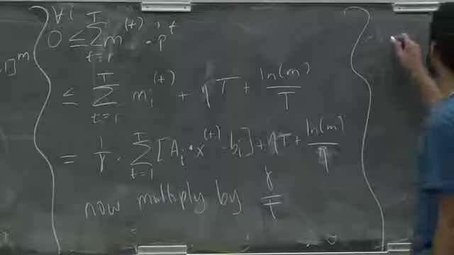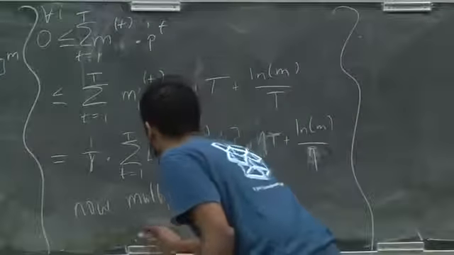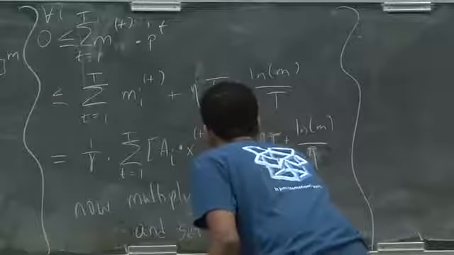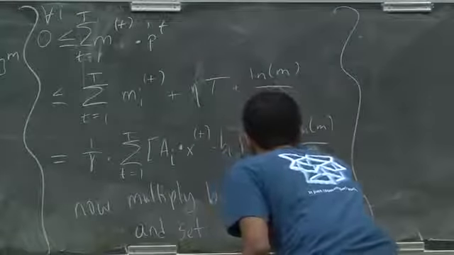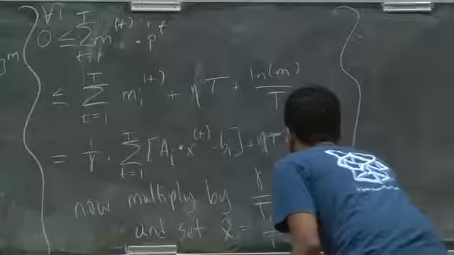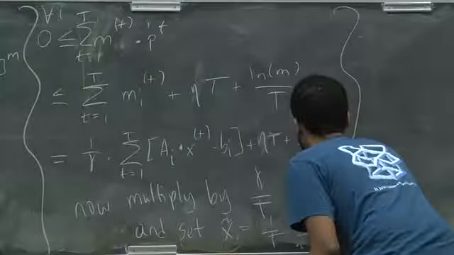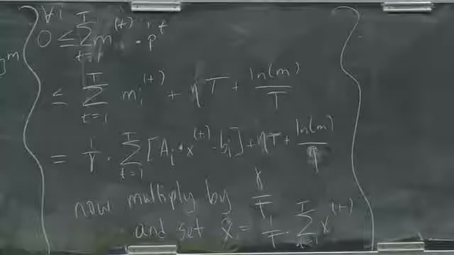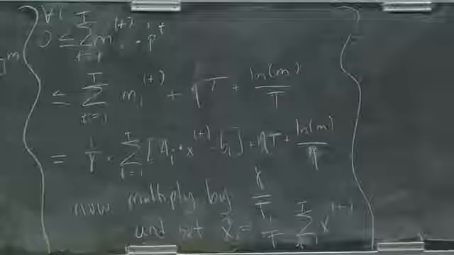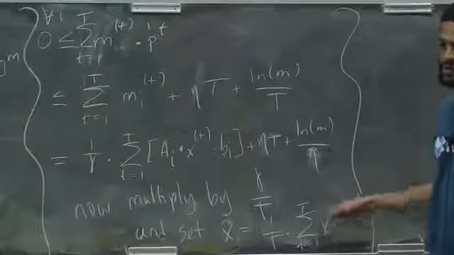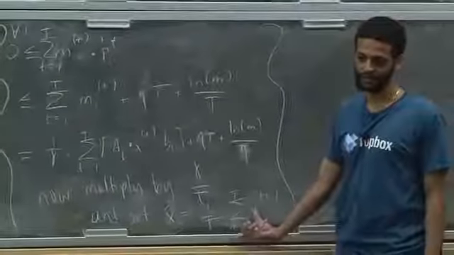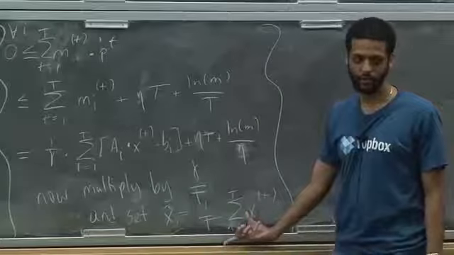And set x tilde to be 1 over t times the sum over little t of xt. Notice that by the feasibility condition from the oracle, each one of these is in capital P. So this average is also in capital P by convexity. We assume that capital P is convex.